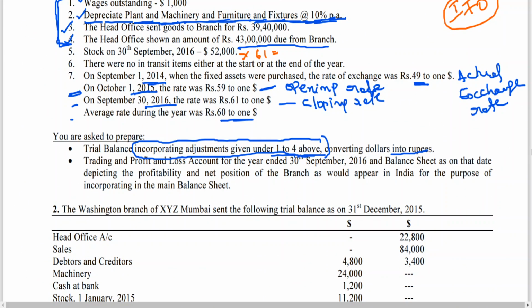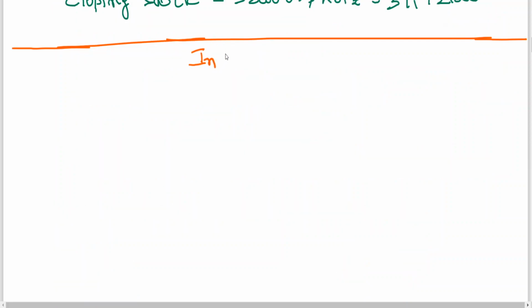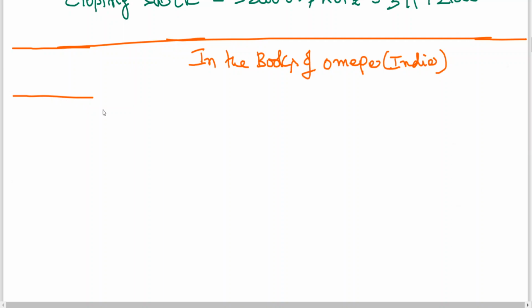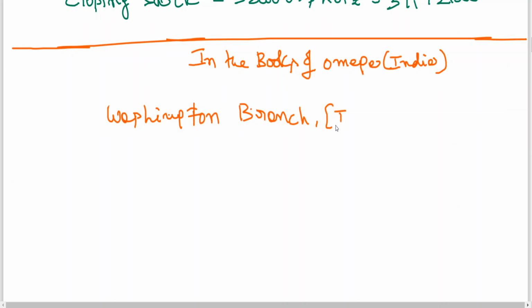So what I am writing here: in the books of Omega India, Washington branch, Indian currency, we say INR.